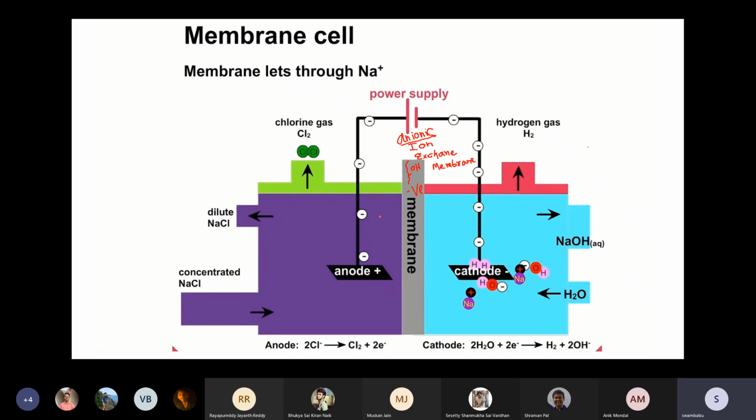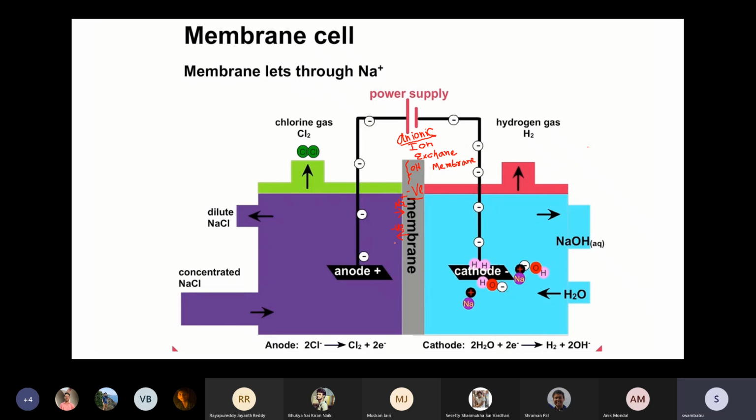The advantage with this is that through this membrane only positively charged ions can penetrate, because of charge repulsion. It won't allow negatively charged ions. It will allow only Na plus ions to pass through.